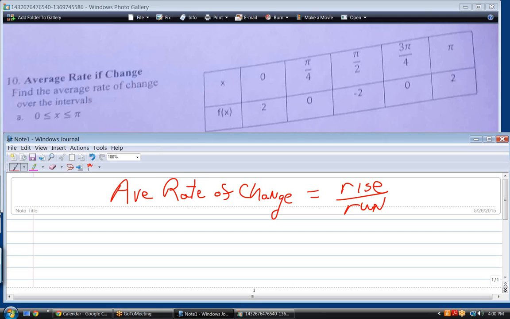In other words, slope is the same thing as rate of change. So figure out what the slope is from 0 to pi. In other words, rise over run means f of a minus f of b, that's the rise, all over the run, a minus b.